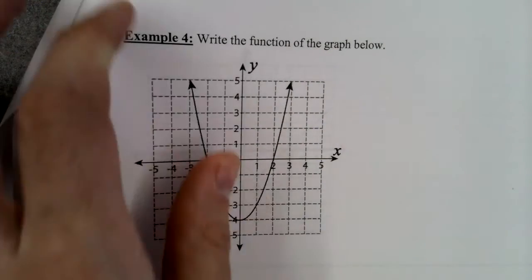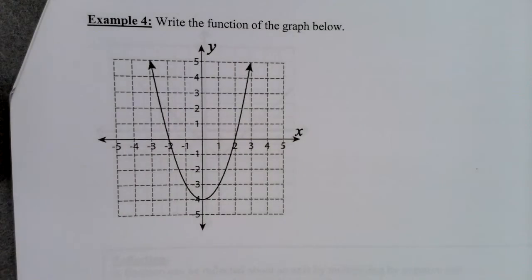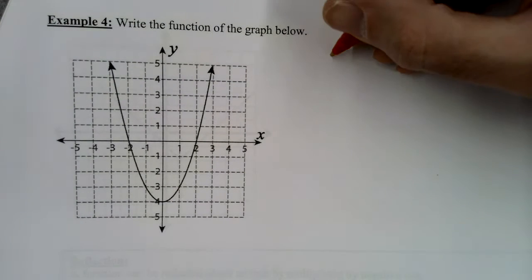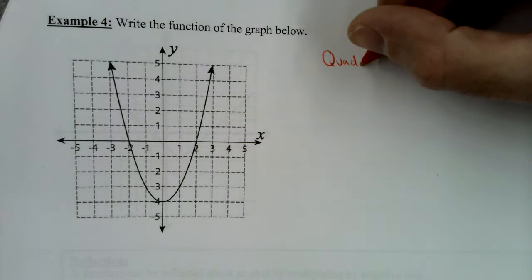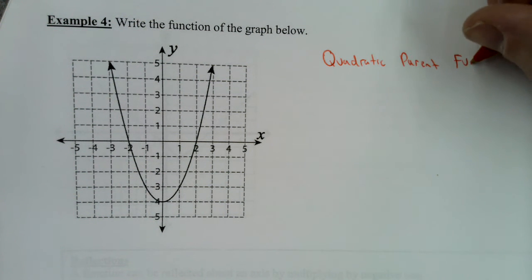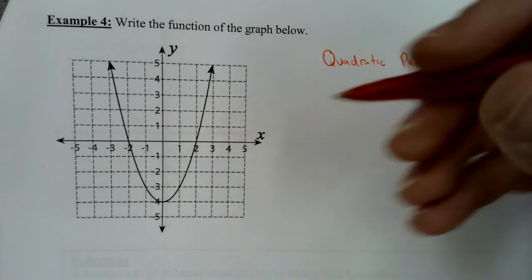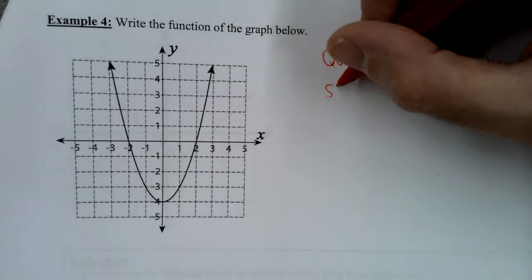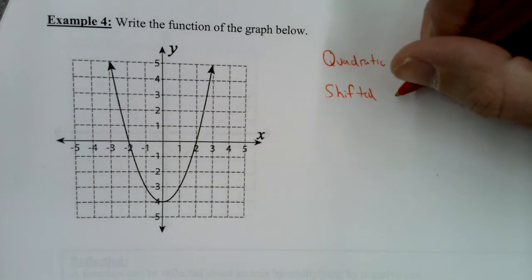Write the function of the graph below. Okay. So think back to the parent functions from last class. And this looks like the quadratic parent function. And it shifted 4 units down.